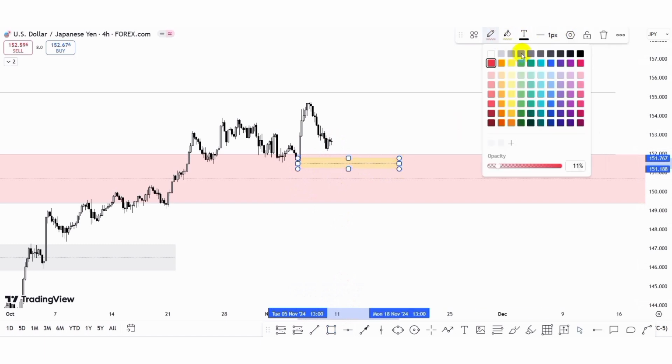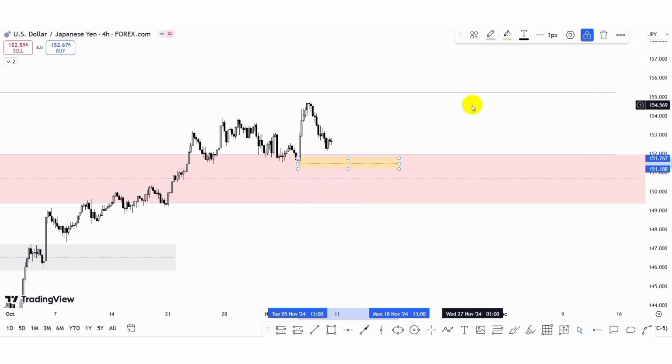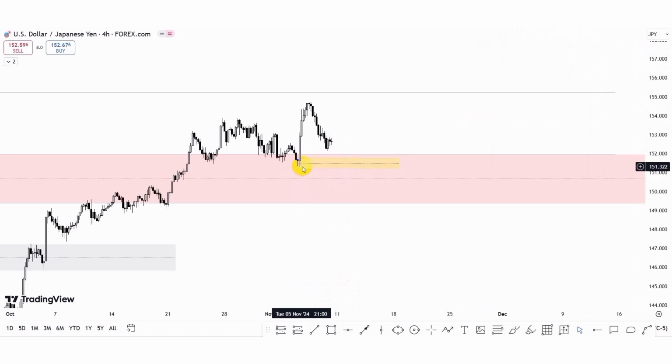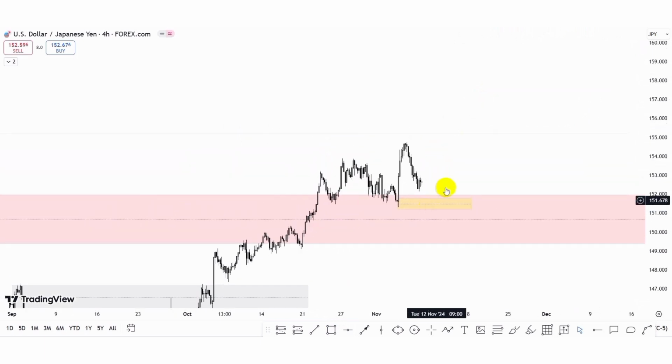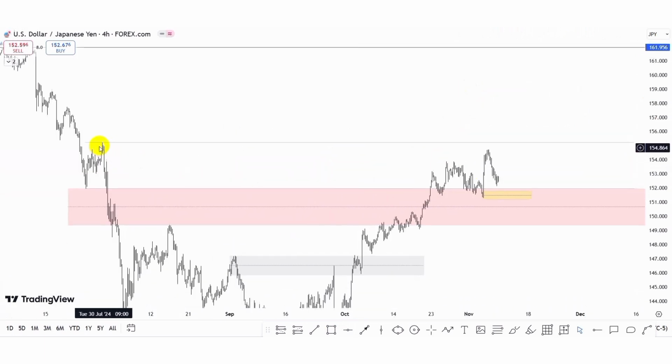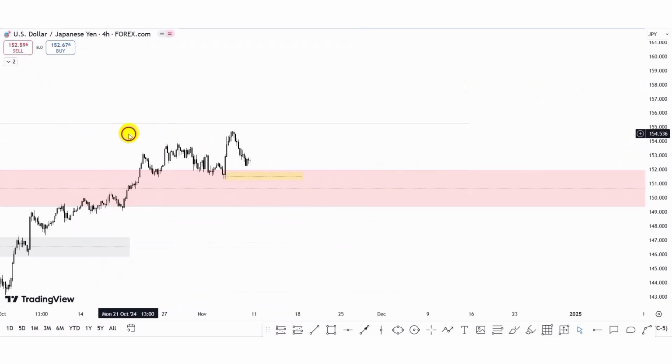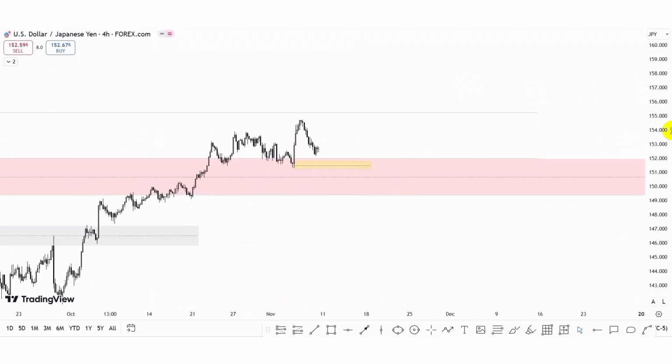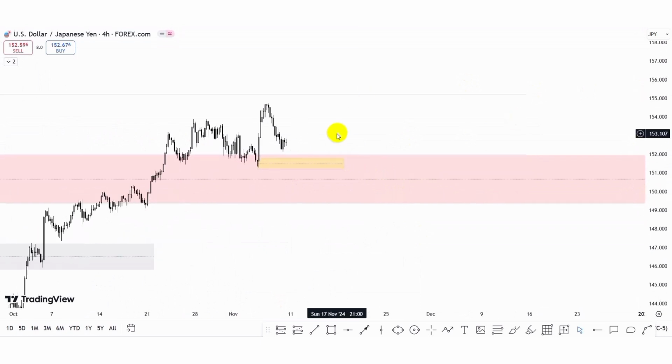Or we could actually see that price is going to take out this low, mitigate the mean threshold, and then we have the push of price further to the upside. Price takes out this swing high point, which is the buy side liquidity. So guys, this is what I have to show us in the USDJPY pair.